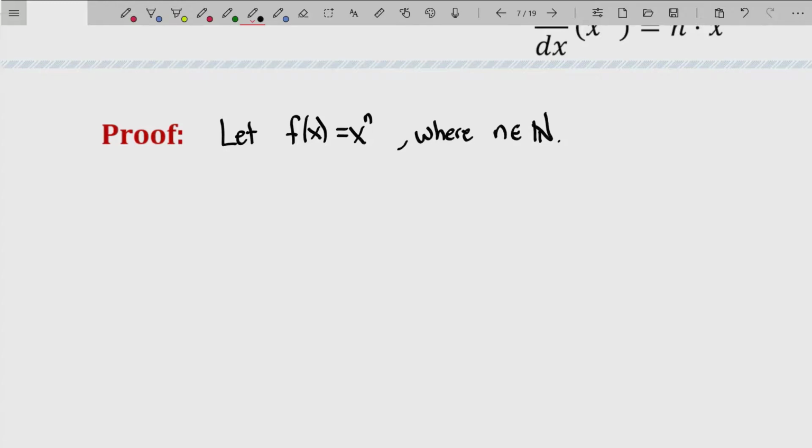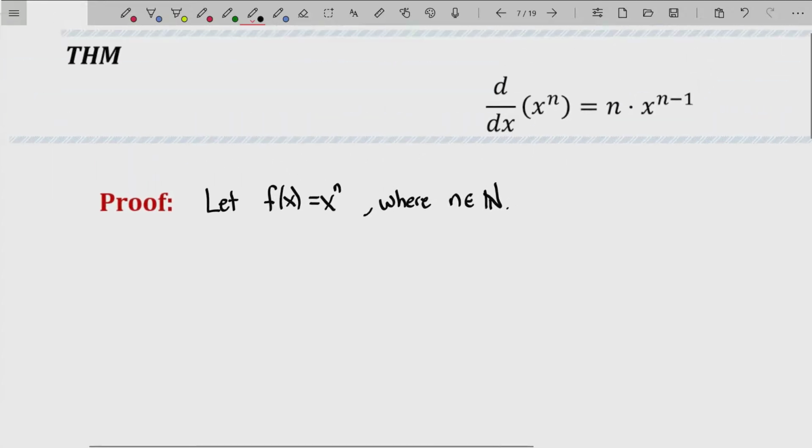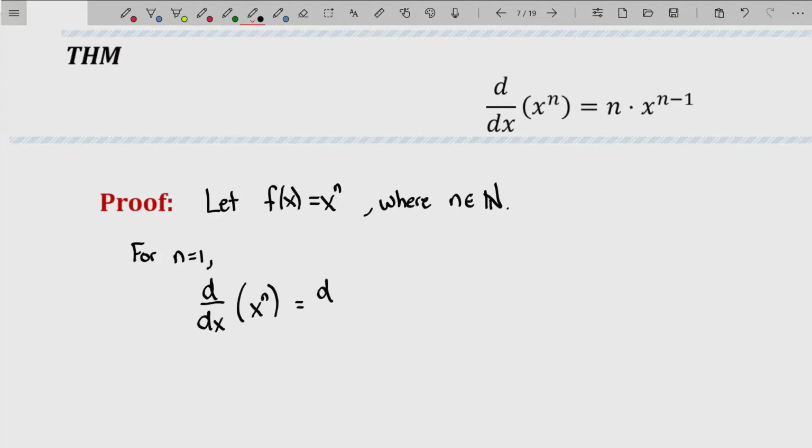We'll start by proving that this statement is true for n equals 1. So for n equals 1, the derivative with respect to x of x to the n is actually just the derivative with respect to x of x to the first.